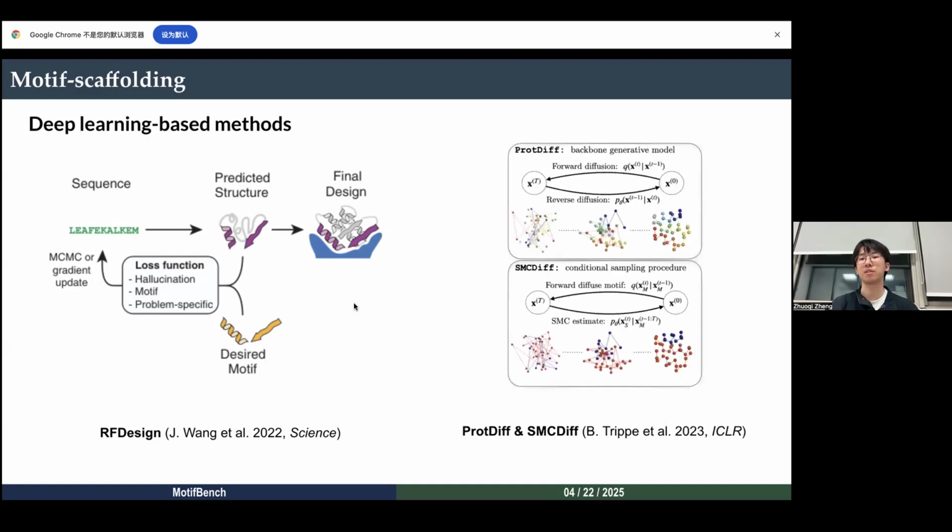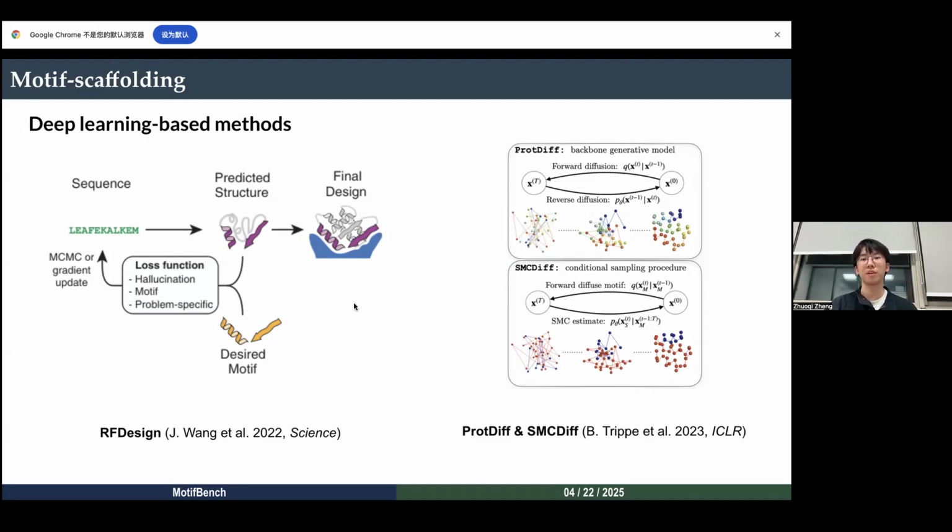Another type of methods is based on generative models, which are either trained on the score matching objective or diffusion objective, or the flow matching objectives, as many of them are something like VAEs or diffusion models. They aim to first learn the distribution of ideal protein structures, and then they treat the motif scaffolding problem as a conditional generative problem, where the condition is the motif and the objective is to design an ideal protein structure that can hold the motifs.